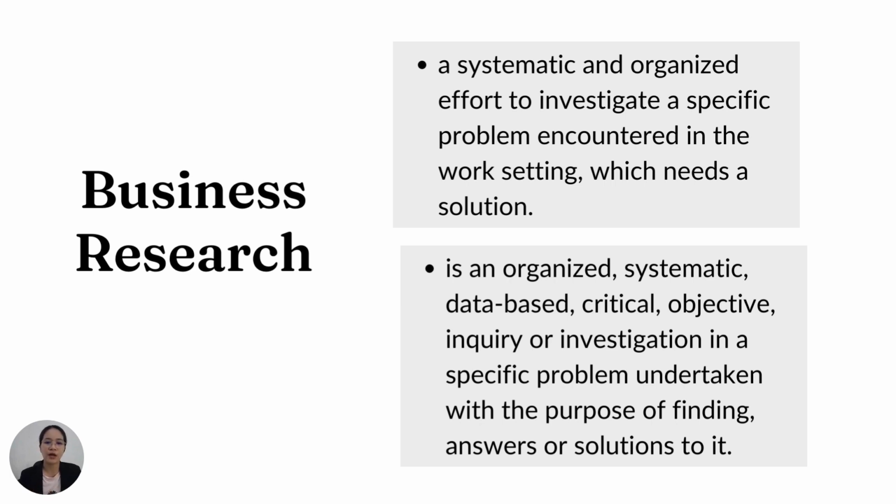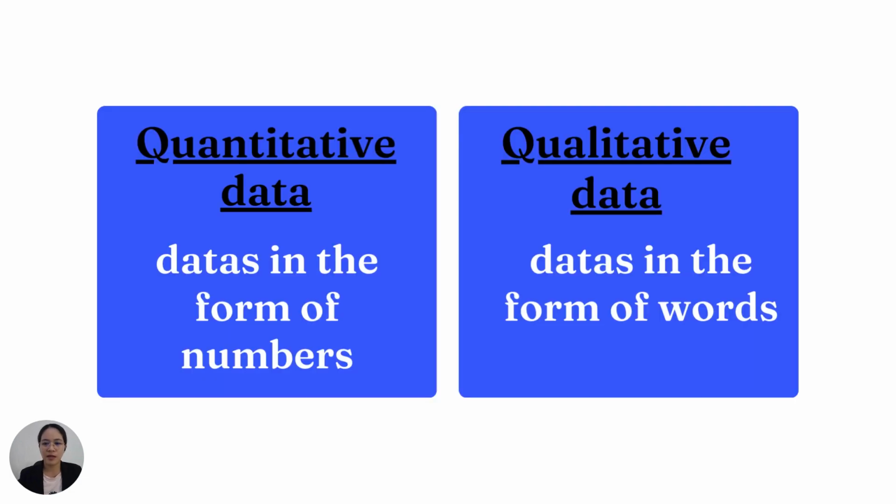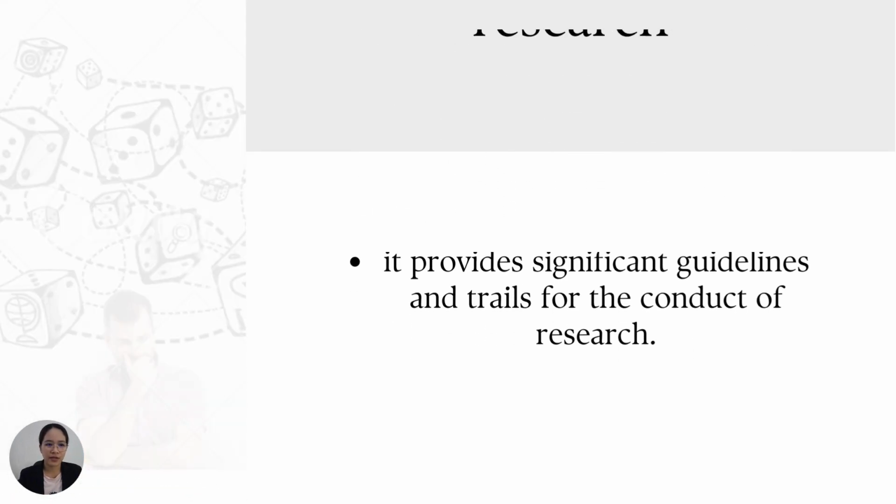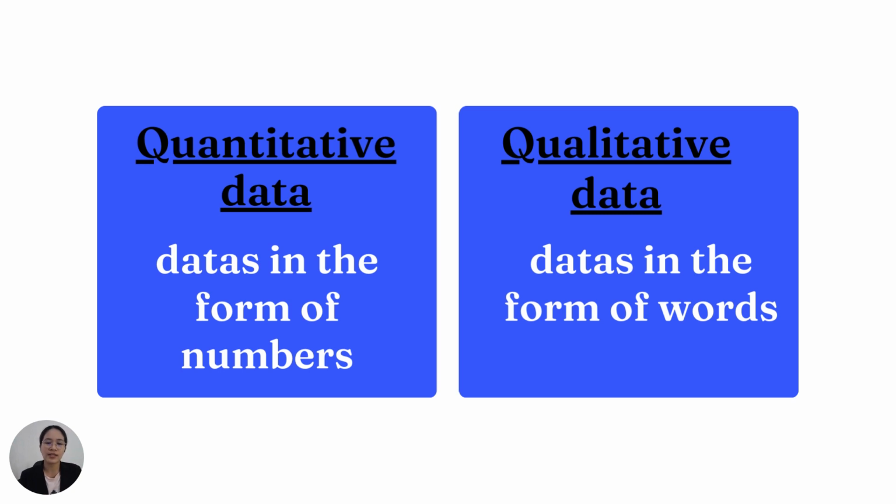And these data could be quantitative data or qualitative data. When you say quantitative data, these are data in the form of numbers. So these are numeric. It could be a result of a measurement or a count or any mathematical calculation. These data are gathered through quantitative or structured questions.